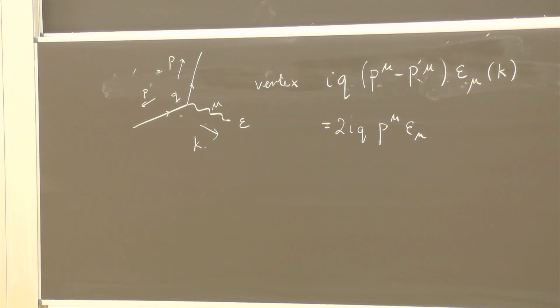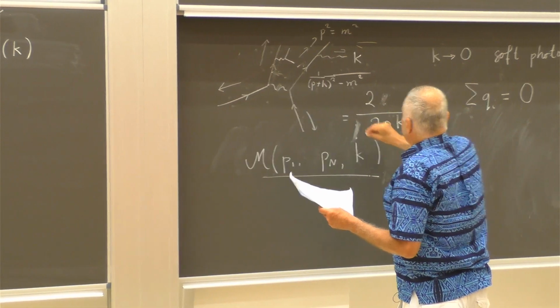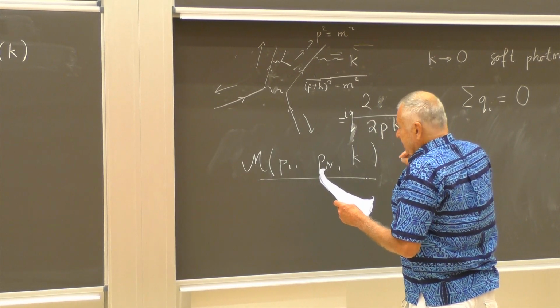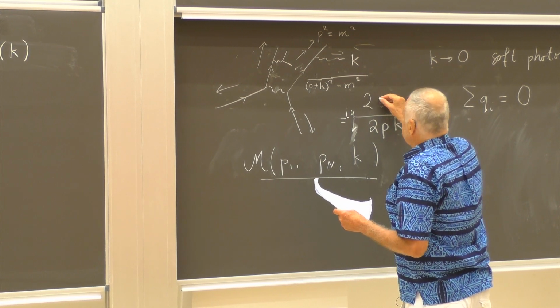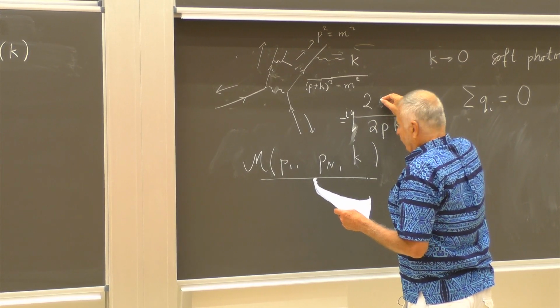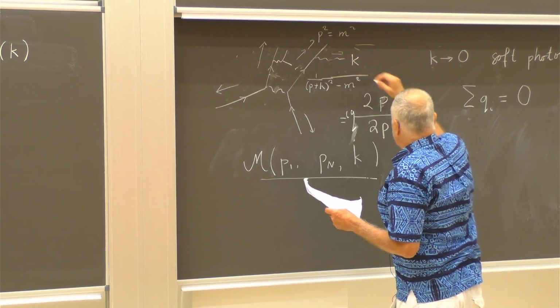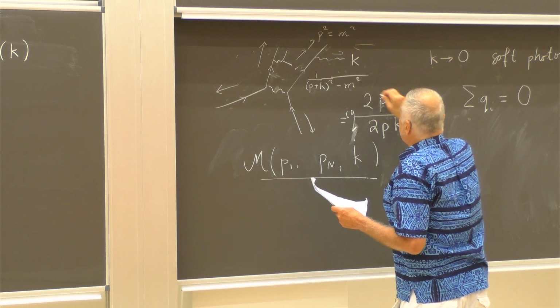So now, what I get from this diagram: I get the propagator, and from the numerator I get 2 times i times Q, the charge, times the scalar product of the momentum of this particle with the polarization vector of the photon.